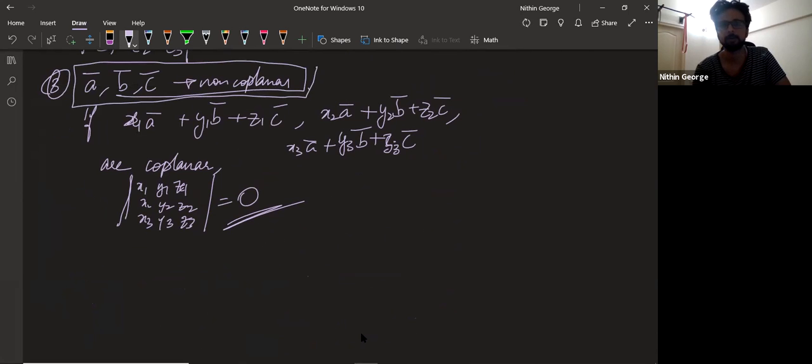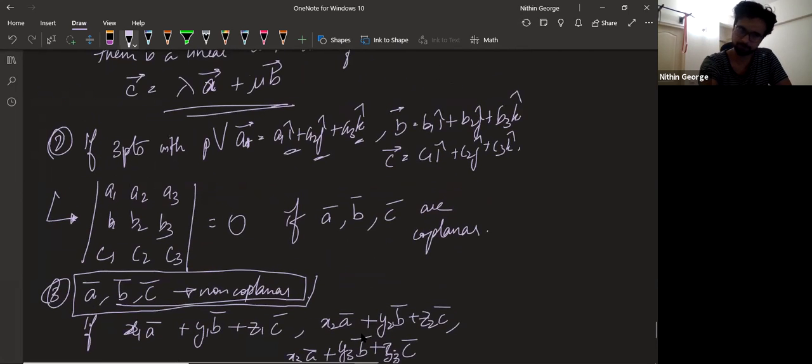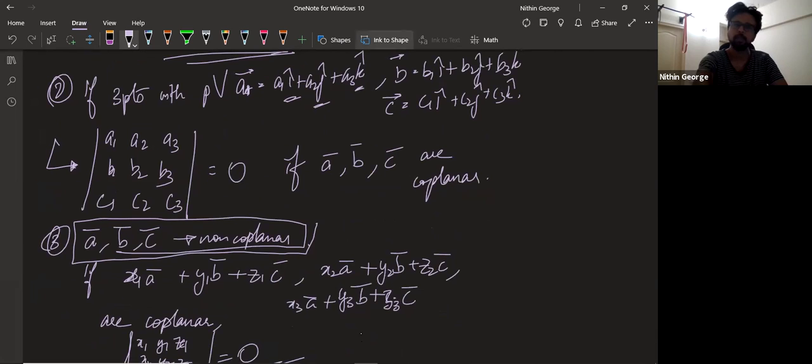Guys, are you following the difference here? Instead of i, j, and k, I'm using three other vectors, A, B, and C. But it's given to me earlier that A, B, and C are non-coplanar. Just understand this dimensional thing. Using two non-collinear vectors, you can find any vector in that plane.